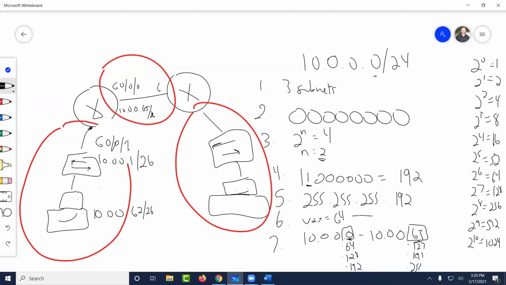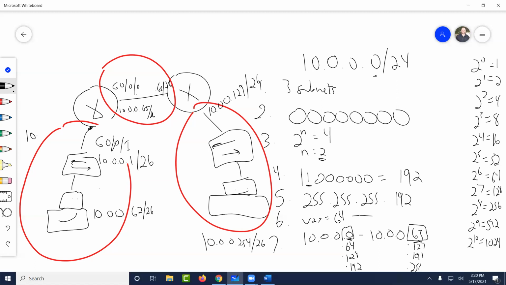This could be .66/26. And then all the way over here, we'll go to 10.0.0.129/26. And then the last usable address that we could use would be 10.0.0.254/26. You'll notice we've used the .0 subnet here.